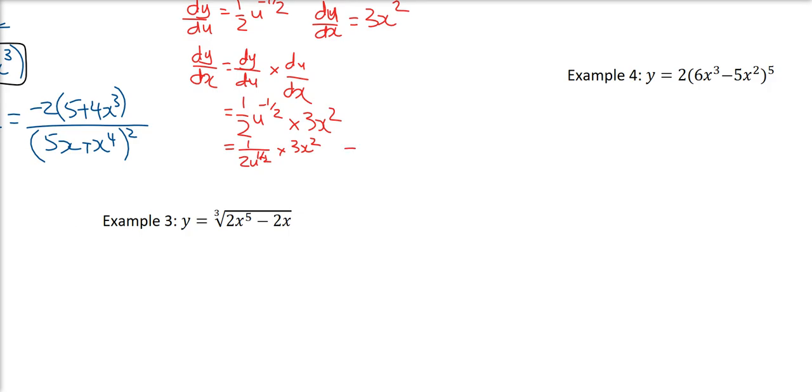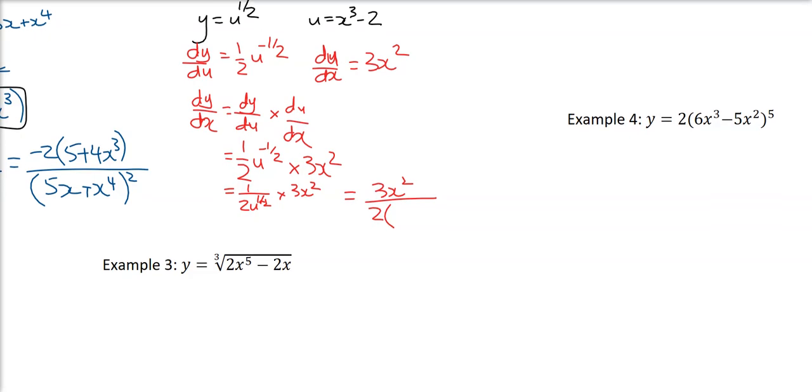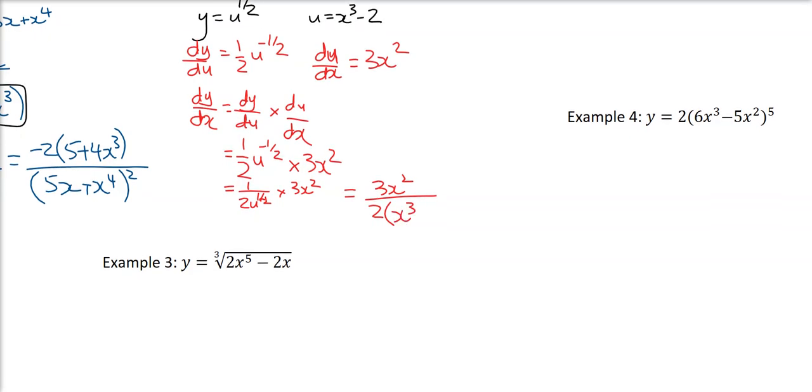For this one here, we've got to substitute in, so it's going to be 3x squared over 2 lots of u, which we said was x cubed minus 2 to the power of a half. Okay? That's the sort of thing we need to be able to do.